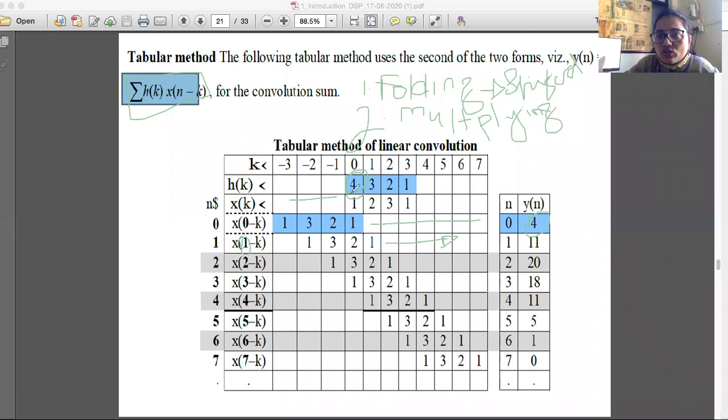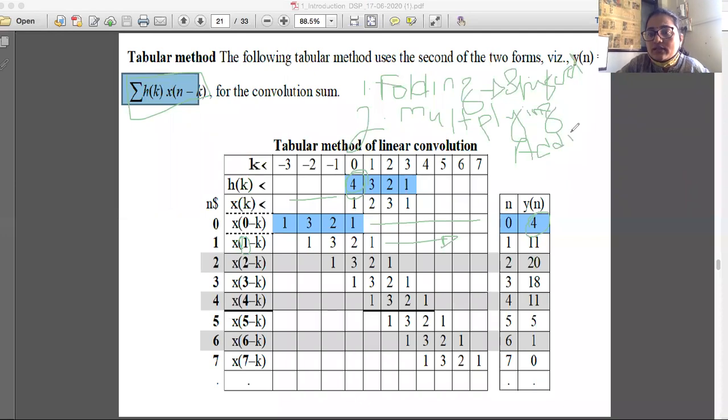So this multiplication operation will be 4 multiplied by 2, and then addition. What is the last operation? The last operation of convolution is addition. So here we will be performing the addition operation.